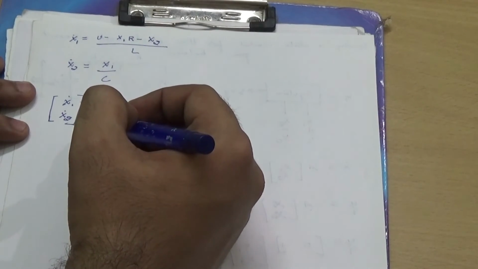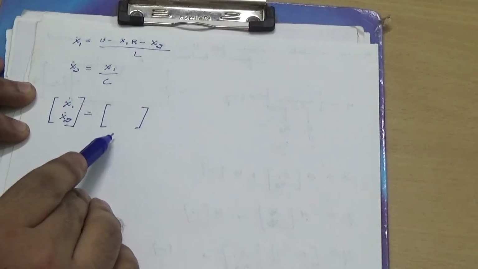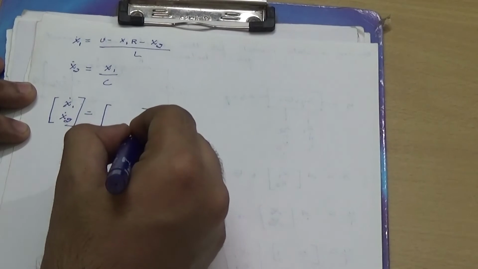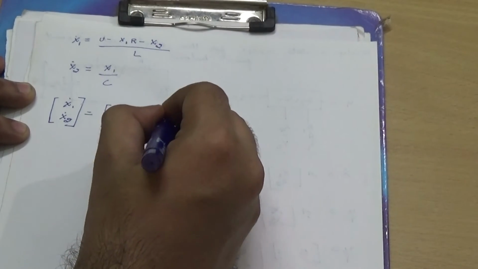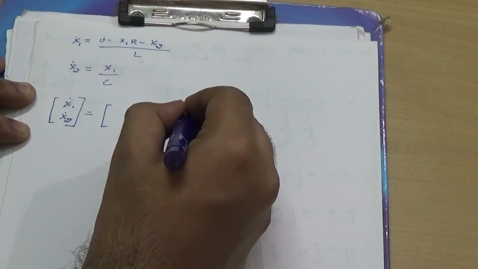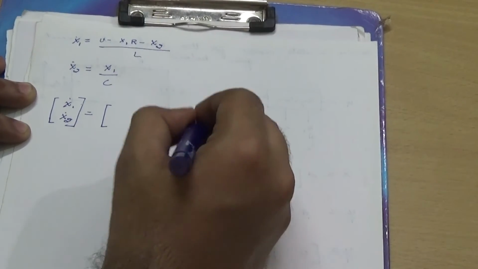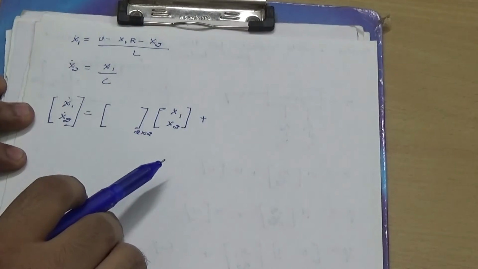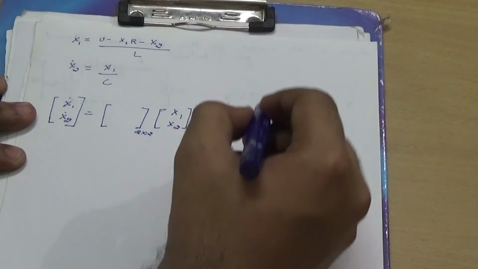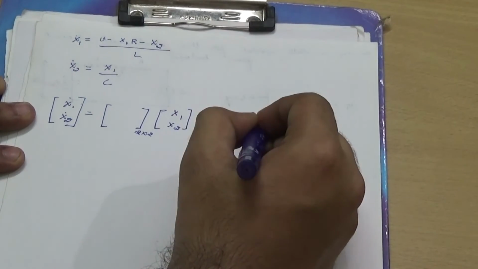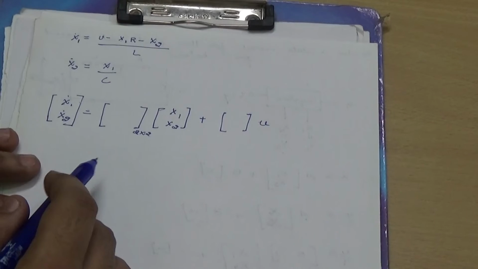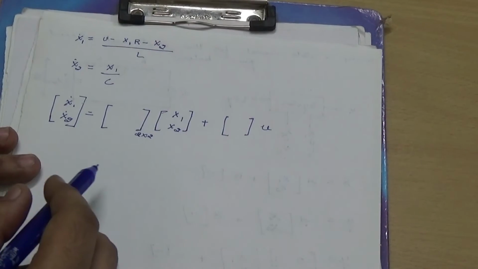Because there are two state variables, hence this matrix should be 2 cross 2, multiplied by the state variables x1 and x2, plus the input U.